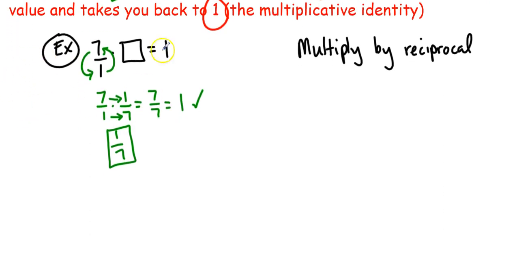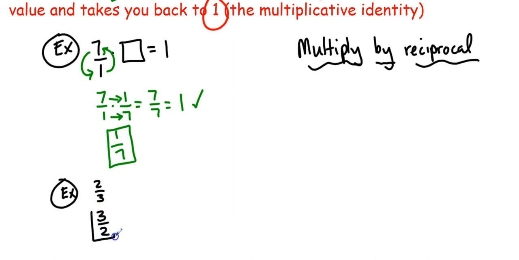Alright, a couple more quick examples just to give you a better idea on some different numbers. So here's your second example. Let's find the multiplicative inverse of 2/3. I'm looking for the number that when I multiply it by my original number, it's going to equal 1. Well, if we follow this rule and we just multiply by the reciprocal, the reciprocal of 2/3 is 3/2, and that happens to be the multiplicative inverse of 2/3.